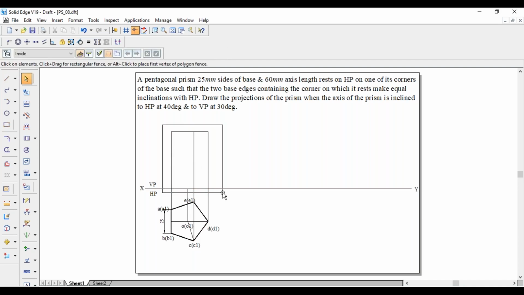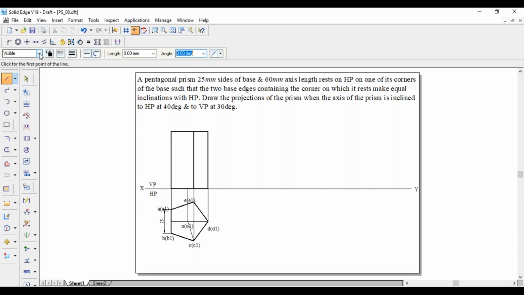Outer points are thick, visible, so make it dark, this much. So this edge is visible, that is B in the bracket B1. Similarly, C in the bracket C1 edge is visible. So these two are visible edges. Similarly, this one. The axis is not coinciding with any other lines, so show the axis with a chain line.